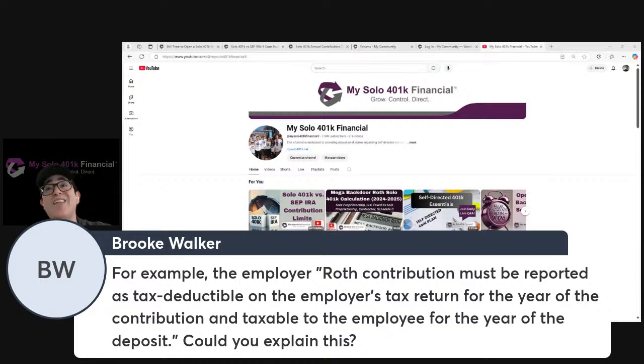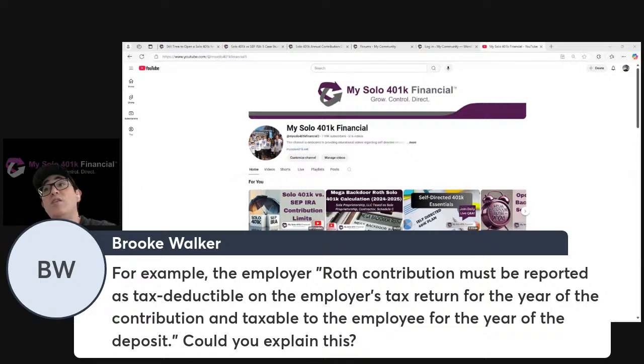So when we say that it's tax deductible on the employer's tax return for the year of the contribution, we mean that it's going to reduce the taxable income on the 2024 tax return, even though it's deposited in 2025. And then the guidance goes on, because again, that employer Roth contribution still needs to be contributed on an after-tax basis.